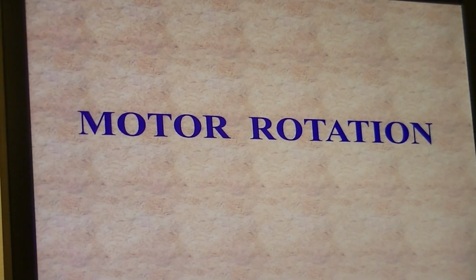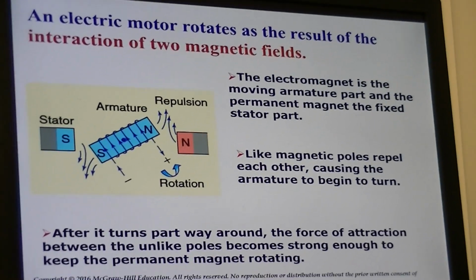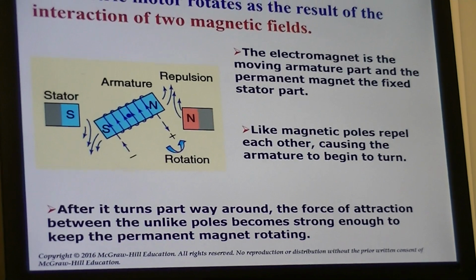Okay, so motor rotation. An electric motor rotates as a result of interaction of two magnetic fields.